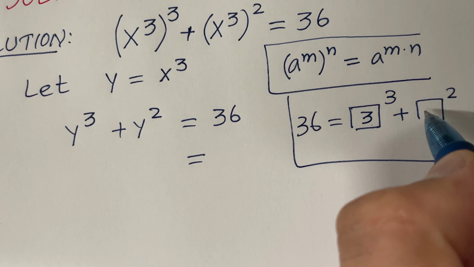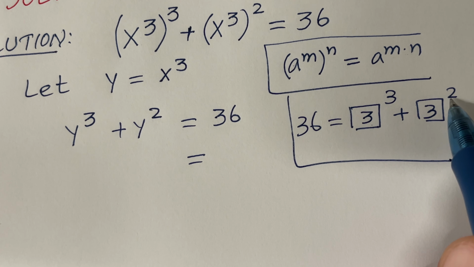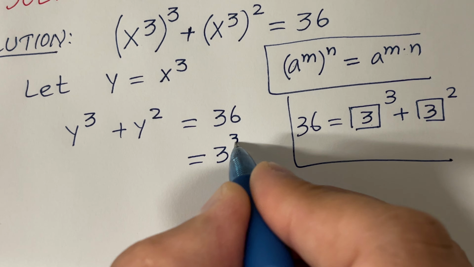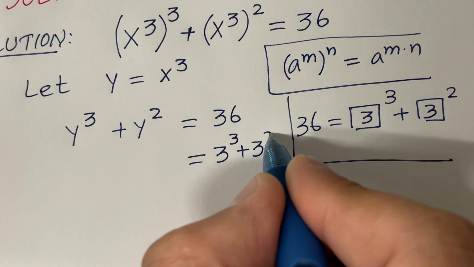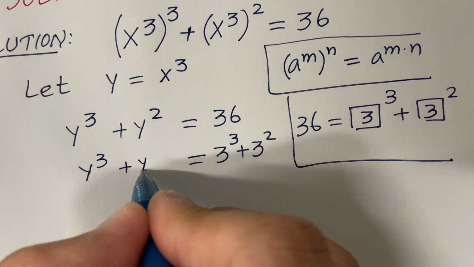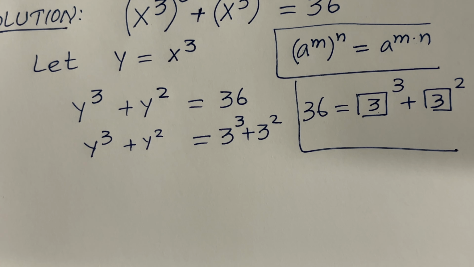The answer is yes. 3 cube is 27 and 3 square is 9. So 36 can be written as 3 cube plus 3 square, and the left hand side was y cube plus y square. This was a trick here to find the solution.